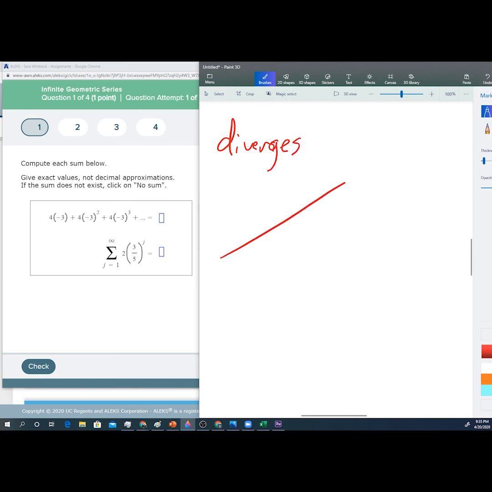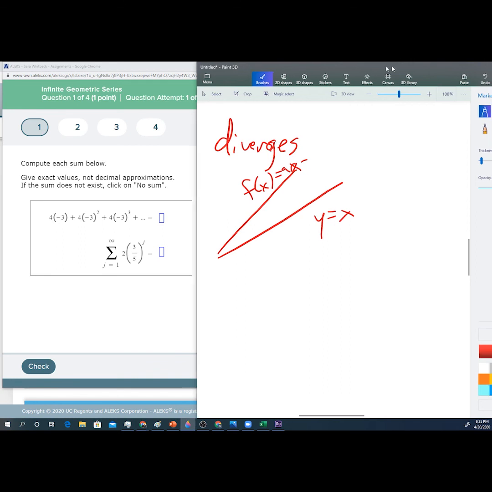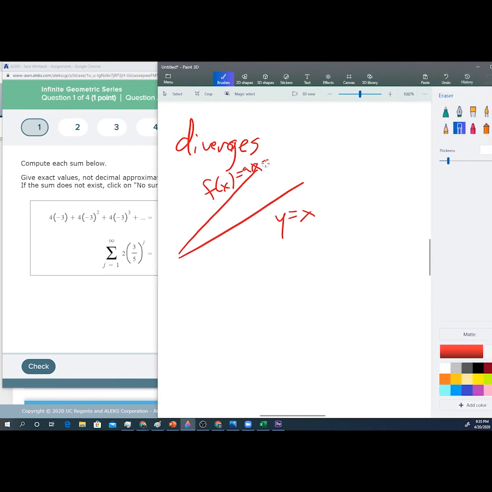So, in other words, your line y equals x, and the line that has to do with your sum, rx plus a, if they're going apart, it diverges, and there is no sum, or rather your sum is infinity.